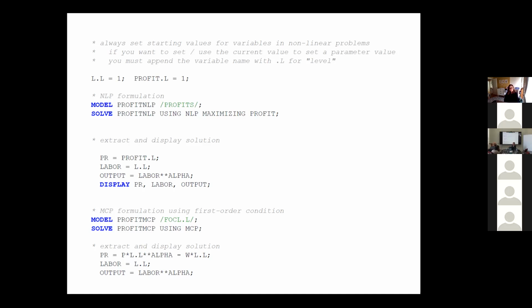So one comment here is that one evidence of GAMS being an old program, somebody on the call was saying they used GAMS in the 90s. One way that you can know this is an old program, it's not case sensitive. So you can use lowercase, uppercase, GAMS thinks it's the same thing.